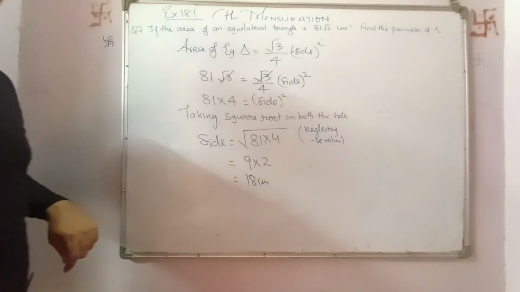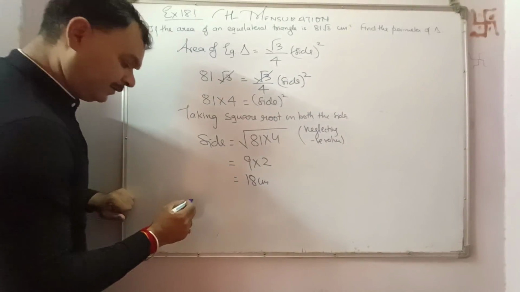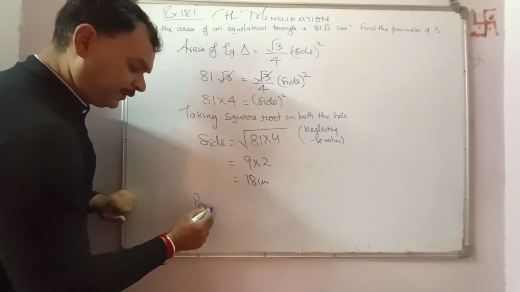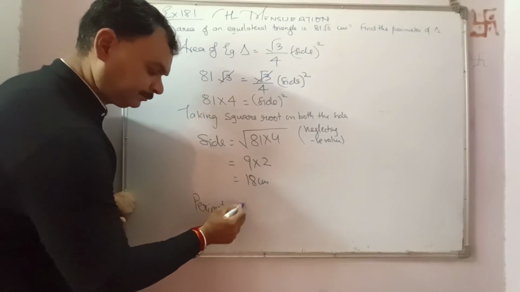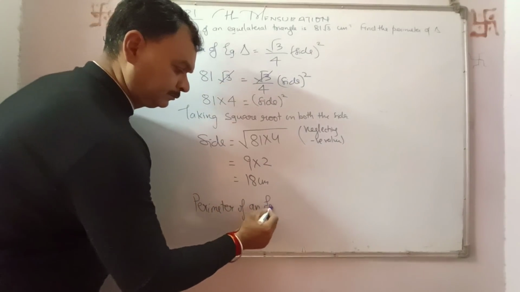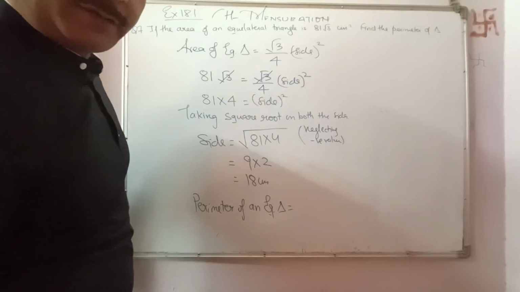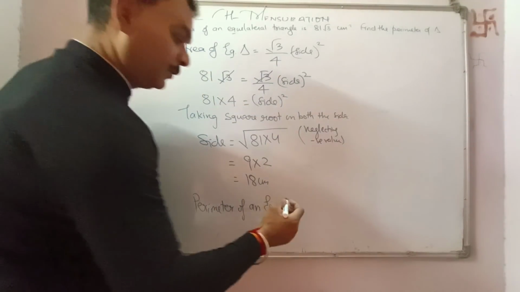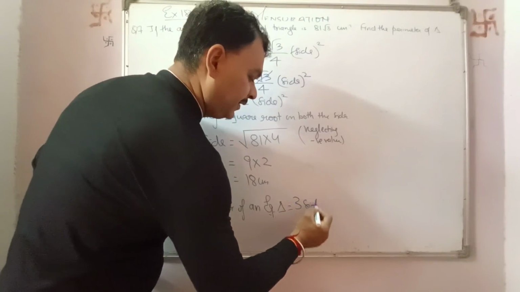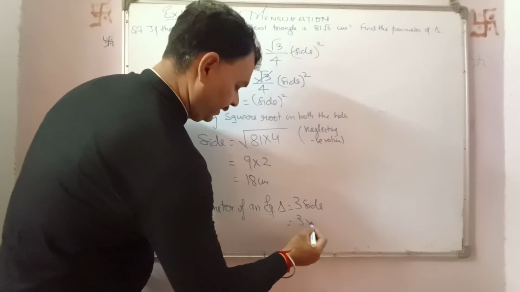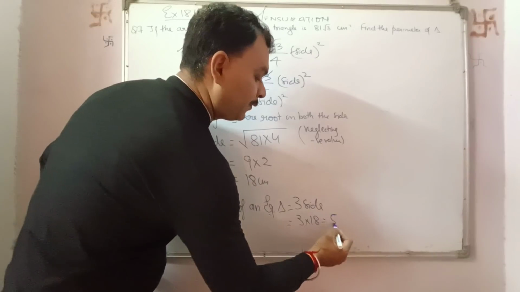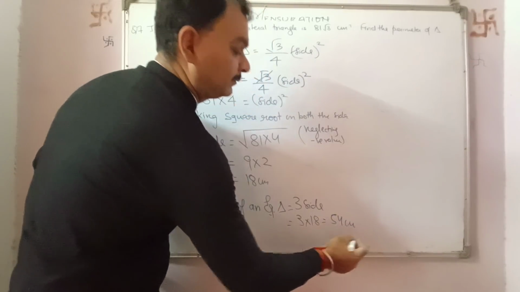So the side of the equilateral triangle is 18 centimeter. So what will be the perimeter of the equilateral triangle? Since we all know that all three sides of an equilateral triangle are the same, it can be written easily as 3 into side. So 18 into 3, that is 54 centimeter.